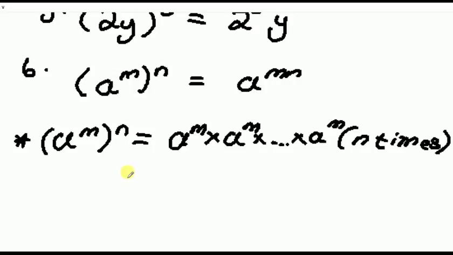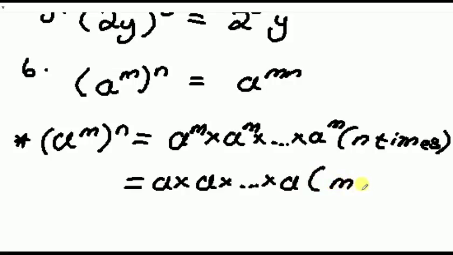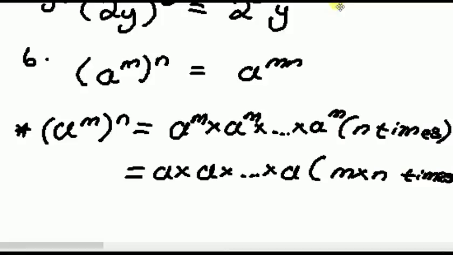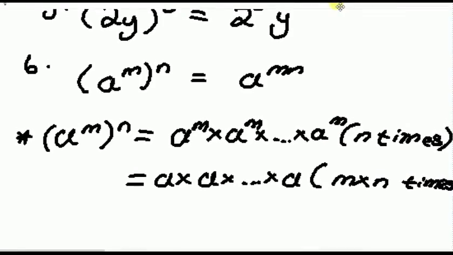So this is going to give us a multiplied by a multiplied by a, and so on, multiplied by a, and they're multiplied m times n times. So here we just took everything which was outside the bracket, or the m, we just took it outside the bracket.